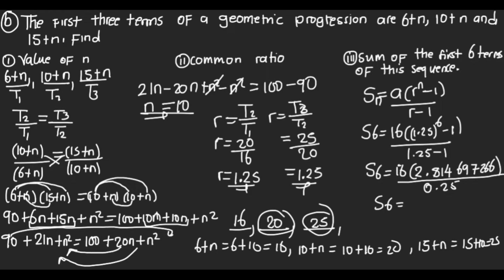2.81469726 times 16. So I'm getting about 45.0351, over 0.25.